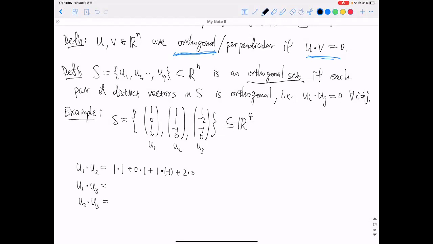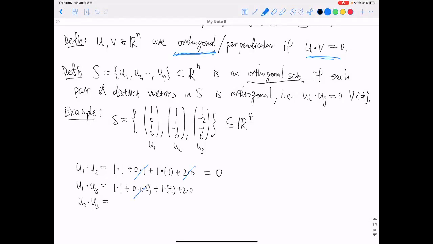U1.U2 would be this expression, and that's equal to, well, this is 0 here, is 0 there, it's 1 minus 1, so that's 0, fine. For U1.U3, you're looking at 1 times 1, 0 times negative 2, 1 times negative 1, 2 times 0.